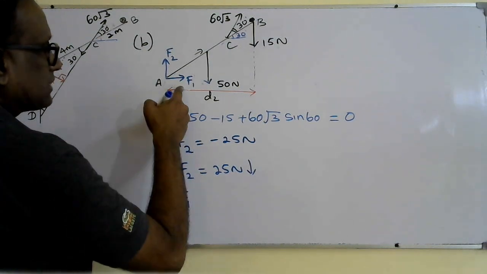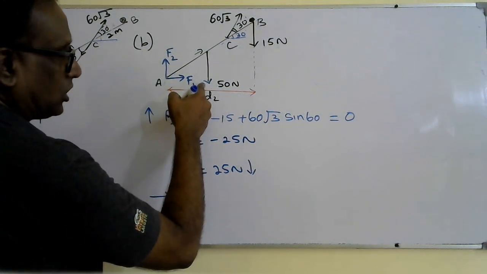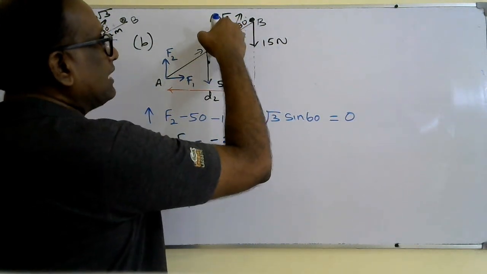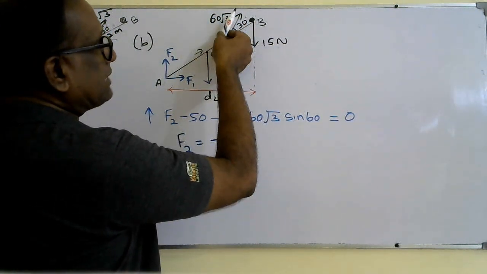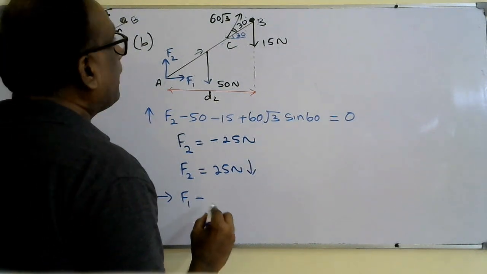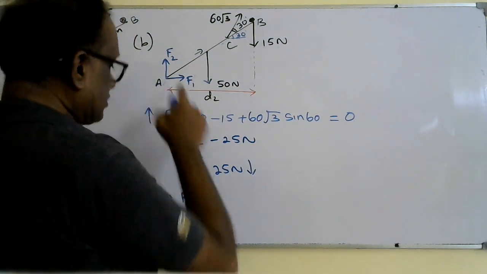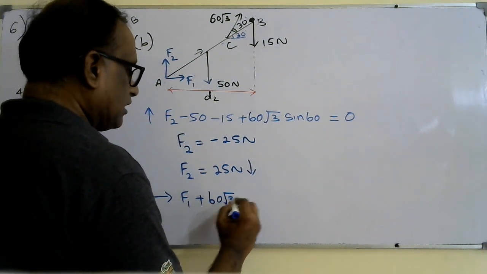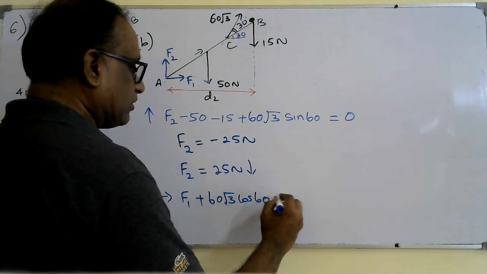Now horizontally we will resolve it. F1, I took it towards right. The 50 and 15 forces are vertical forces, so no horizontal component. The force along the rod will have a horizontal component, that is 60 root 3 cos 30, plus, I took it towards right, plus 60 root 3 cos 60 equals 0.